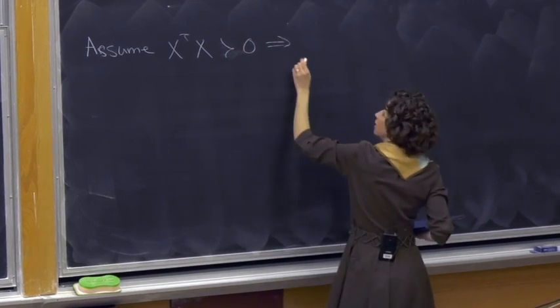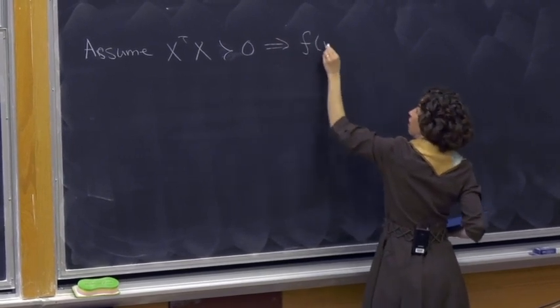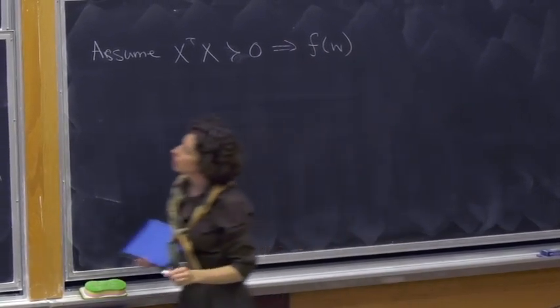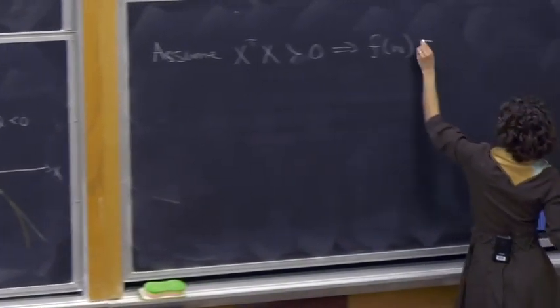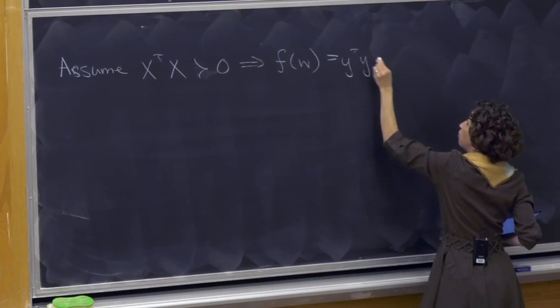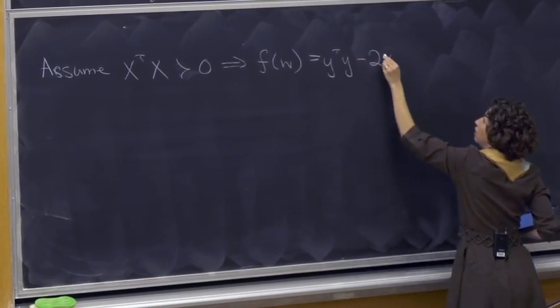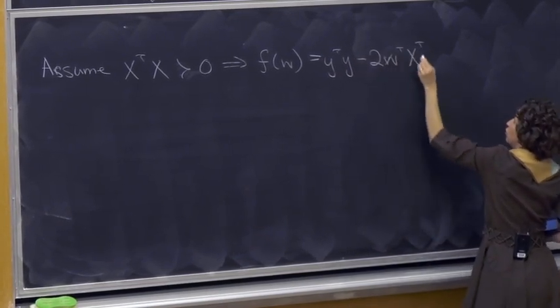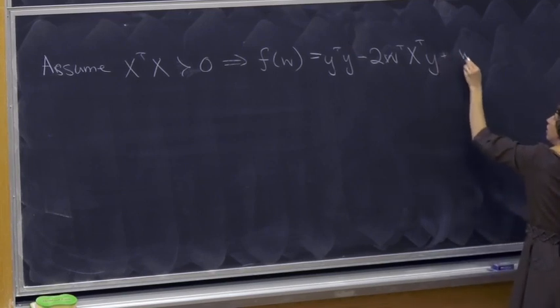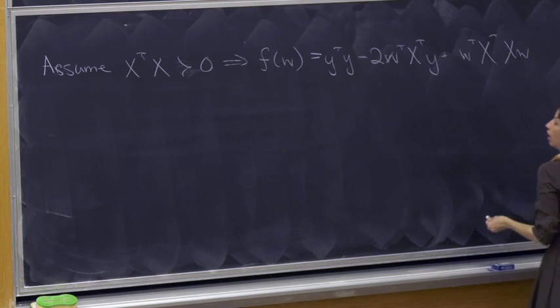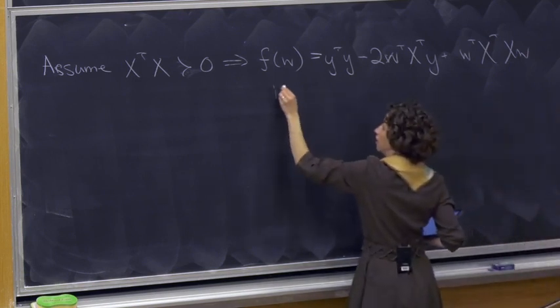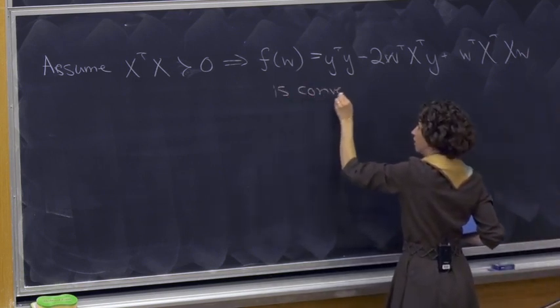And what that means is that this f of W, which is equal to Y transpose Y minus 2 W transpose X transpose Y plus W transpose X transpose XW, that function is convex.